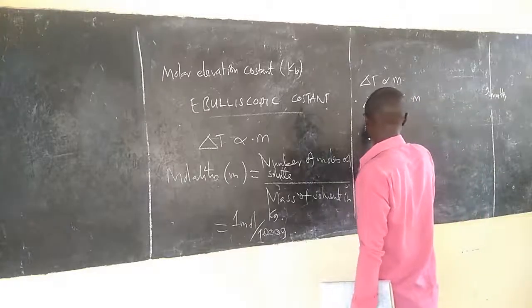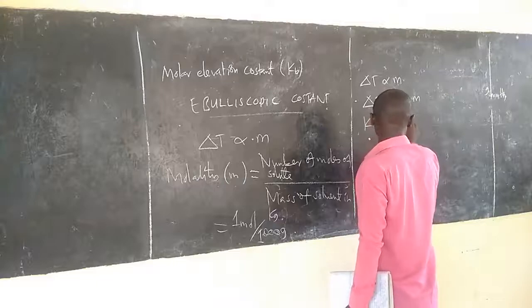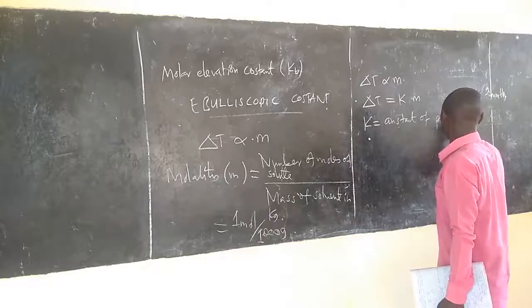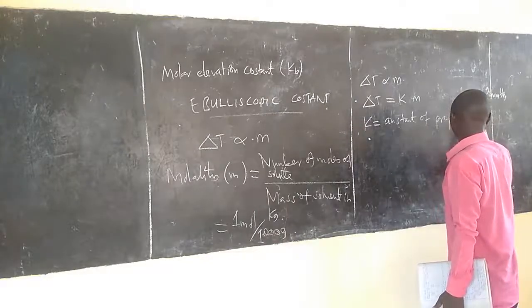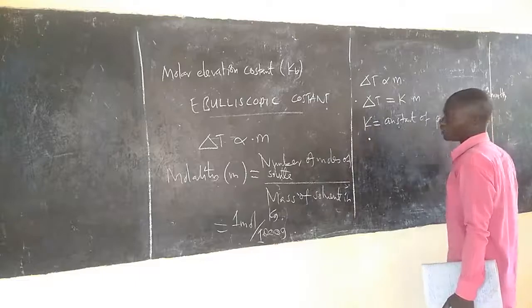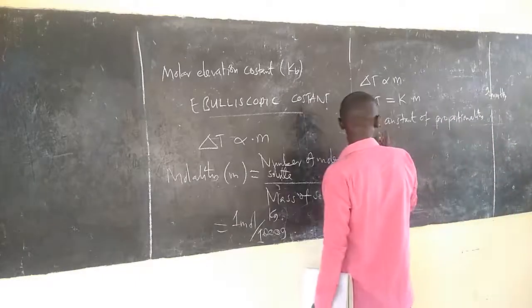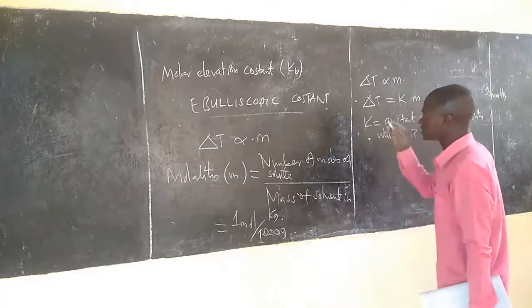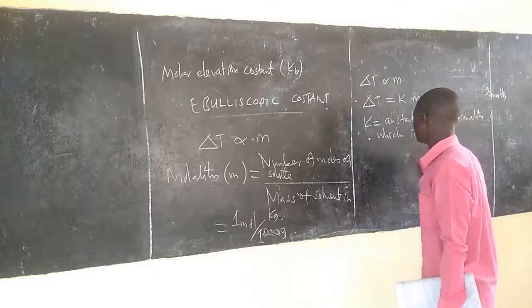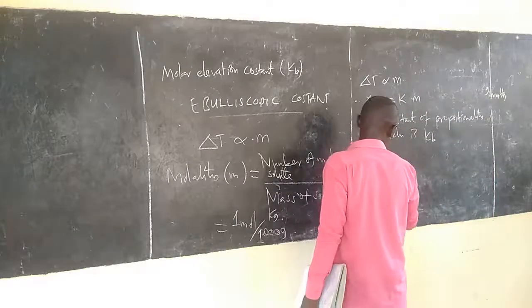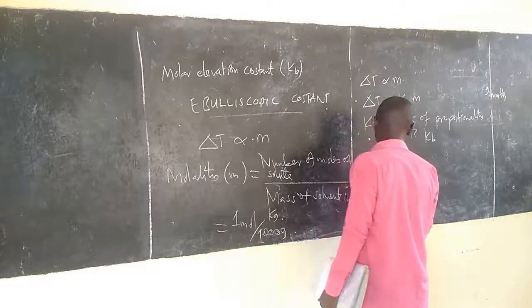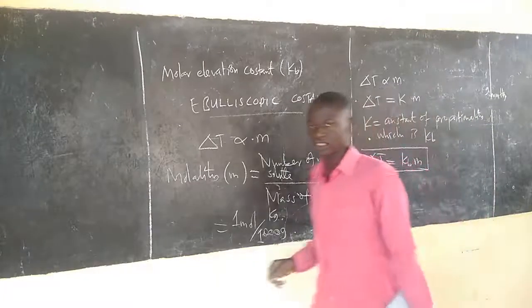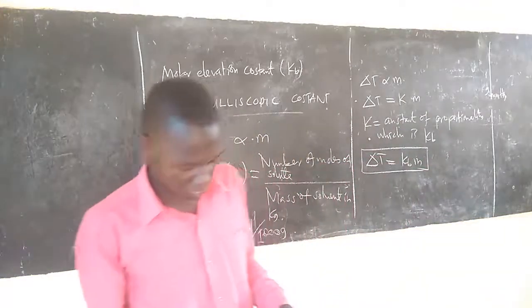So K is the constant of proportionality, and in our case it is the molar elevation constant Kb. So the change in temperature is equal to Kb times the molality m. This Kb is the ebullioscopic constant.